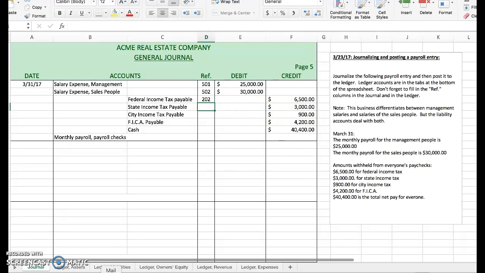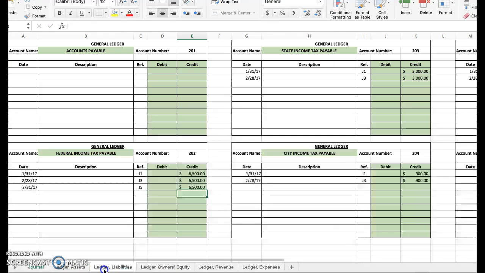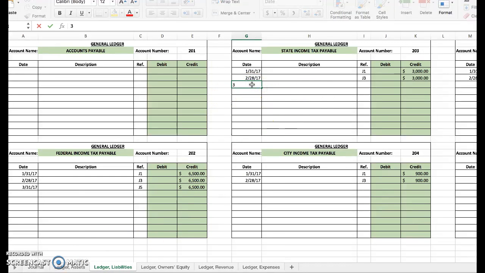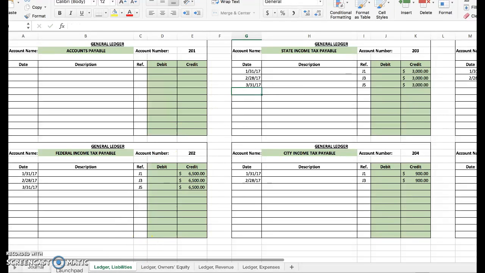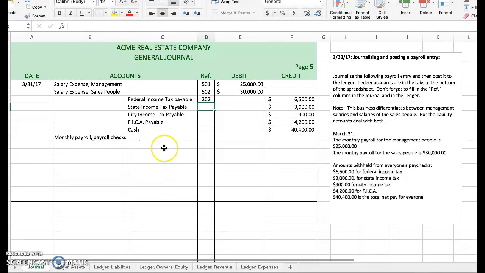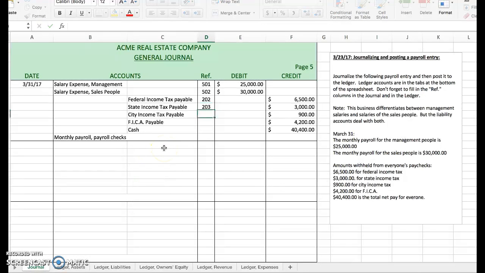State income tax 3,000. Liability account, state income tax for March 31. Same as last month, and that's 203. Back in the journal, it's 203 in the reference column.